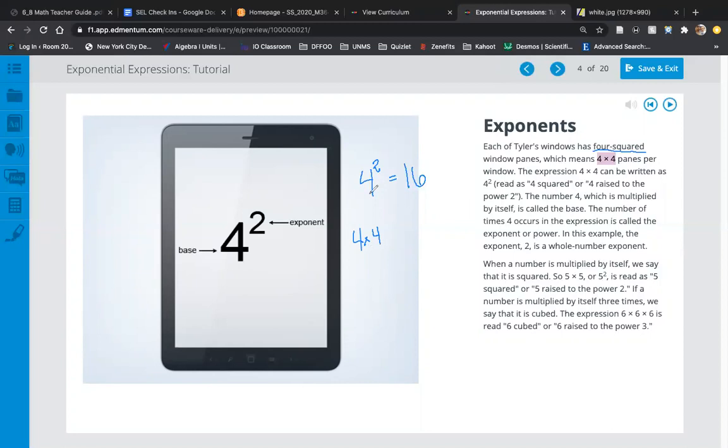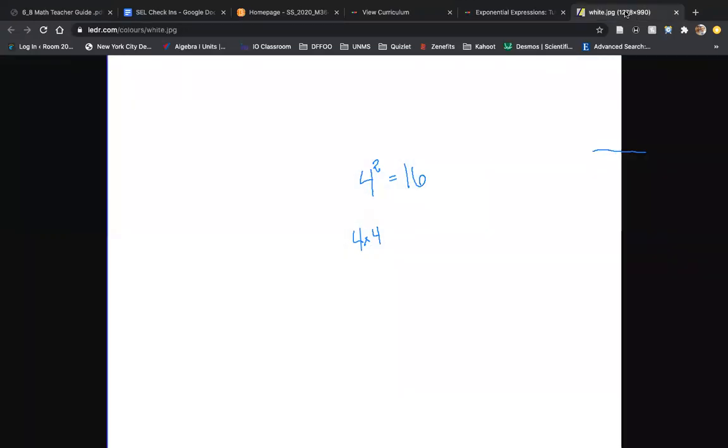So for example, let's say, I'm just going to go to a blank page so I don't have all this other stuff here. Let's say I have 2 plus 2 plus 2 plus 2 plus 2 plus 2, right?